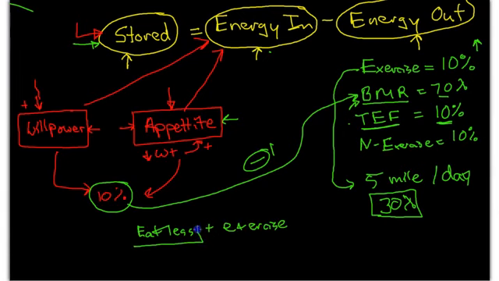The reason why it's so difficult to lose weight is because our body is actively working against us because it has a bias against losing stored energy. And there are evolutionary reasons for this, of course, but it fights against losing weight by increasing our appetite and decreasing our basal metabolic rate.